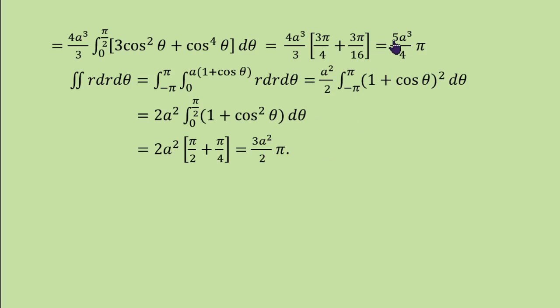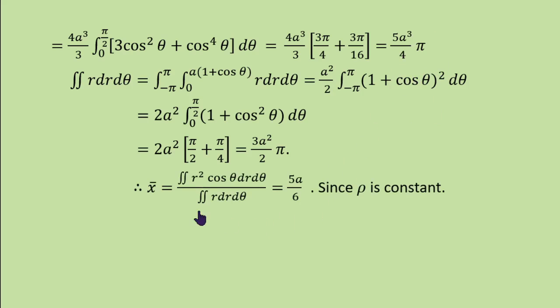So, the remaining term is 5a by 4 divided by 3 by 2, or 5a by 4 into 2 by 3, and hence x bar is 5a by 6. Y bar is 0. Therefore, the center of gravity is 5a by 6 comma 0.